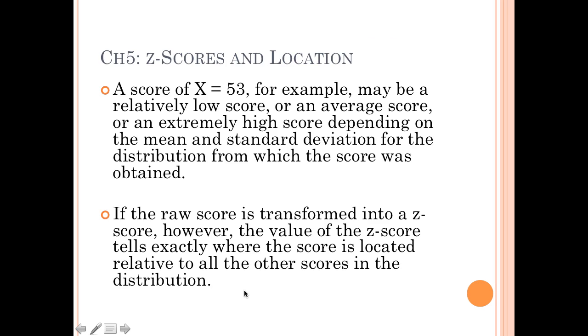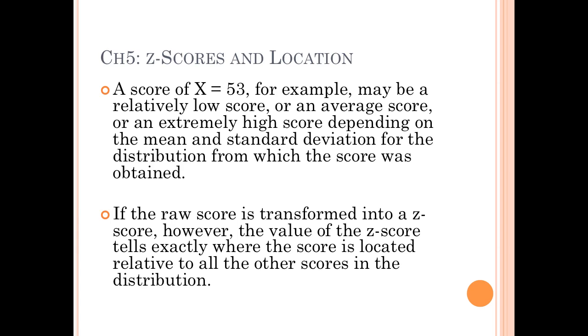Z-scores and location: a score of x equals 53, for example, may be a relatively low score or an average score or an extremely high score, depending on the mean and standard deviation for the distribution from which the score was obtained. If the raw score is transformed into a z-score, the value of the z-score tells you exactly where the score is located relative to all the other scores in the distribution.